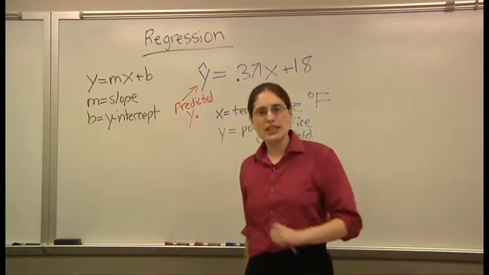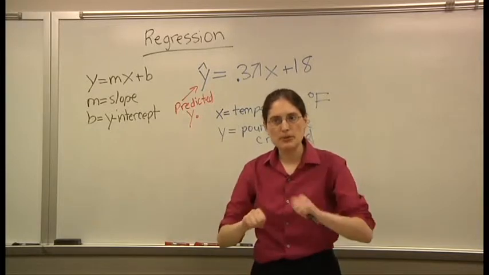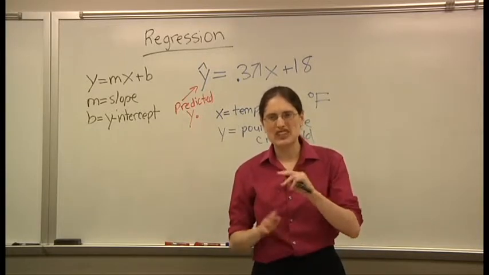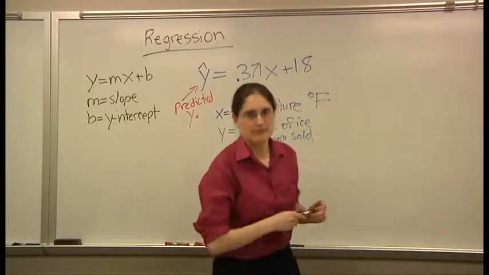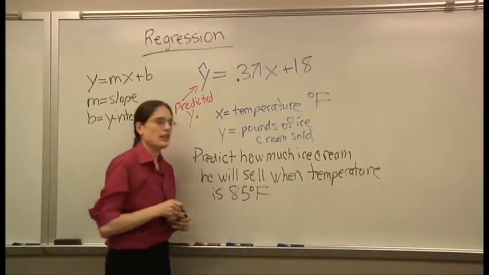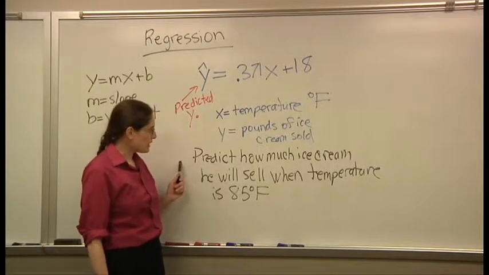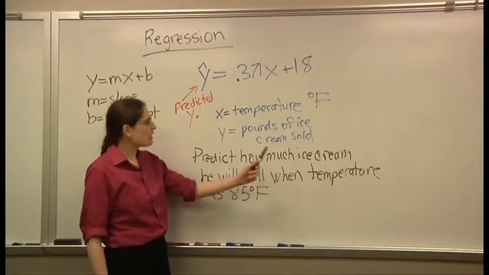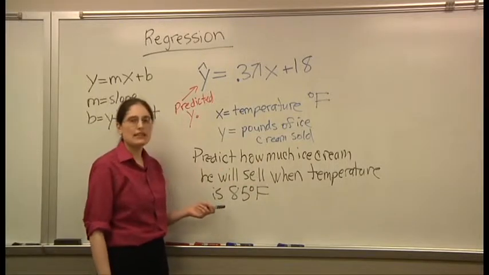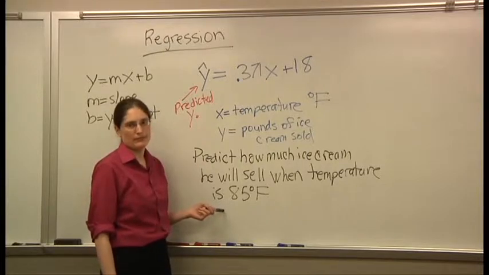So, we're finally going to do some math. Roll up your sleeves, because this isn't going to be very hard at all. I want you to predict how much ice cream this man will sell on a day when the temperature is 85 degrees Fahrenheit.